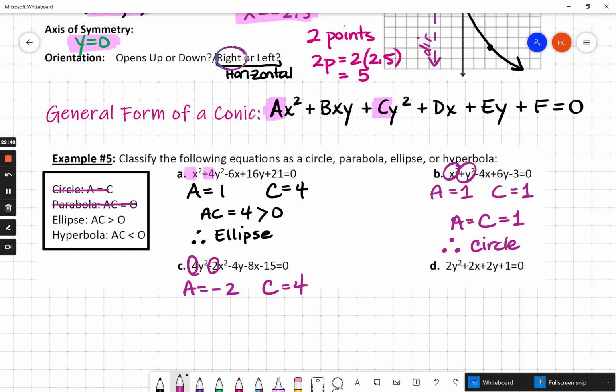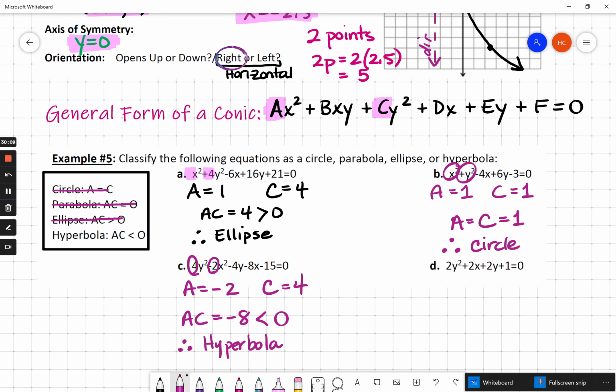When we multiply A times C, we get negative 8, and negative 8 is definitely not greater than 0. So it's our last option. Negative 8 is less than 0. Therefore, our classification, if we were to graph this general form of a conic, you would graph a hyperbola.